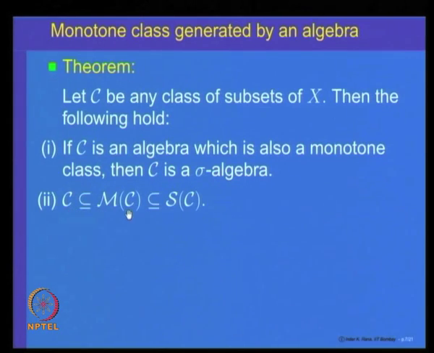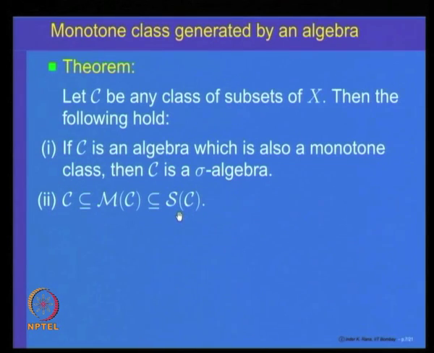Let us look at the next property: if C is any collection, then C is contained in M of C, right? That is obvious because M of C is the smallest monotone class including C. And now, C is also a subset of S of C, because S of C is the sigma algebra generated by it. So, C is inside S of C, and just now we proved S of C also is a monotone class.